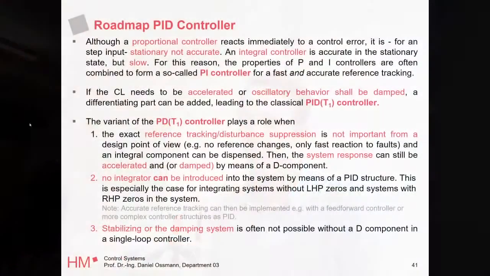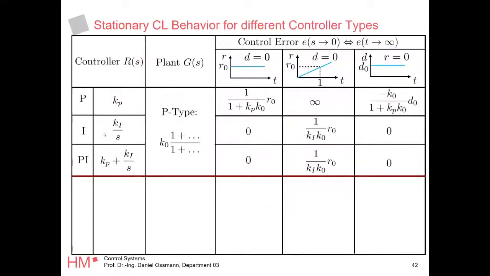Okay, so if we want to sum up all of that, what we have discussed for proportional system, we can sum it up actually pretty nicely in a table. Why I'm doing this is simply because it's always the same if your system is a proportional element.